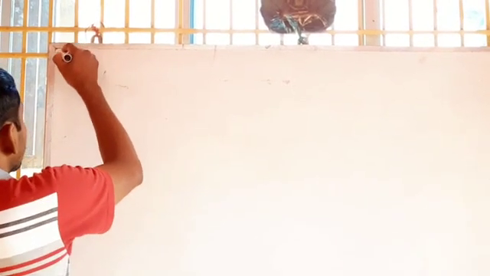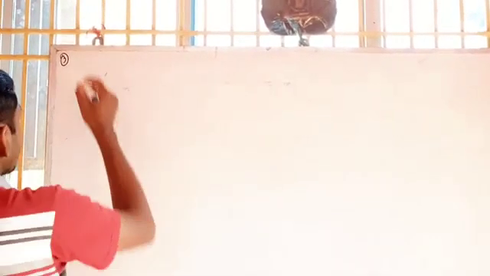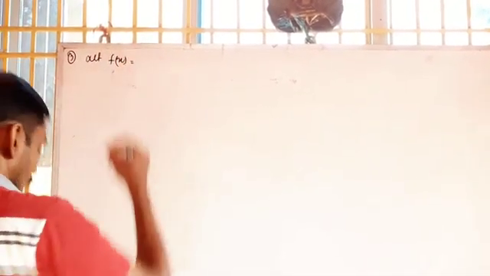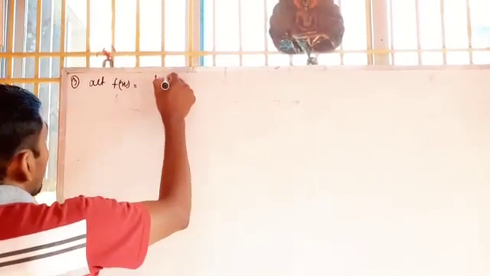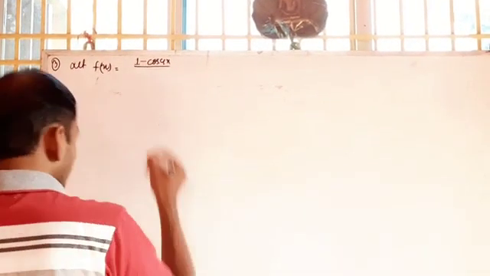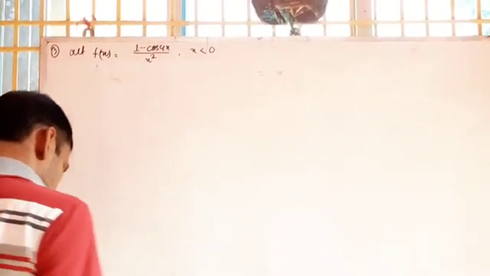Question number 3. Our question is, let f of x equal to 1 minus cos 4x whole divided by x square when x is less than 0.